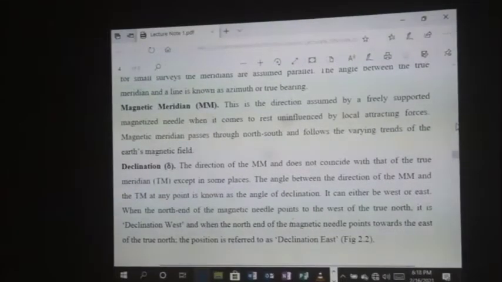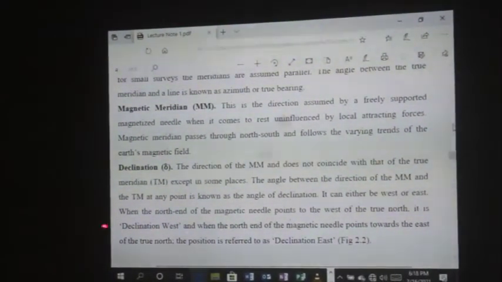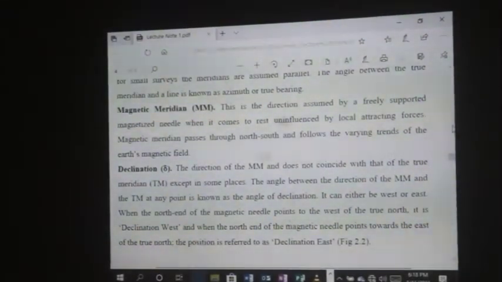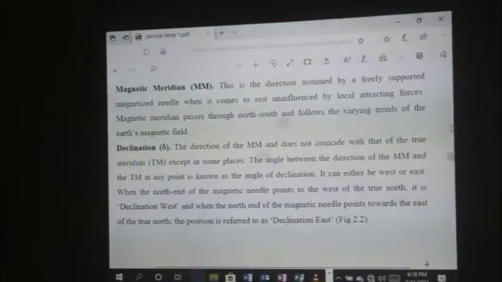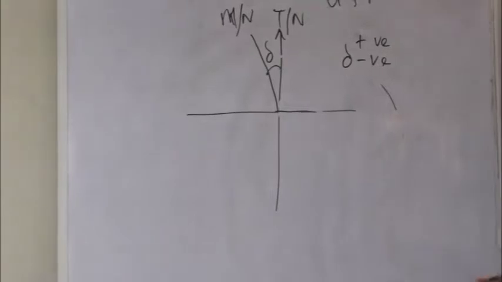It is either on the western side or the eastern side. So whatever it is, we have the declination. It can be positive or negative.